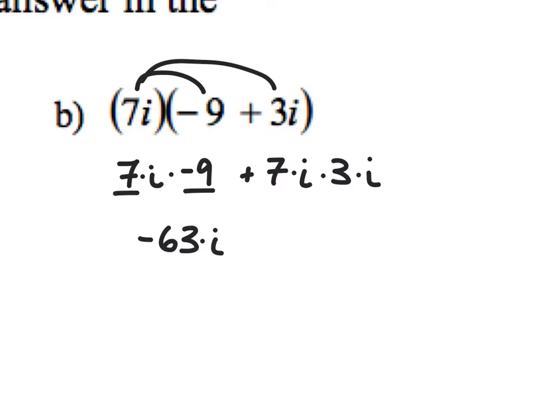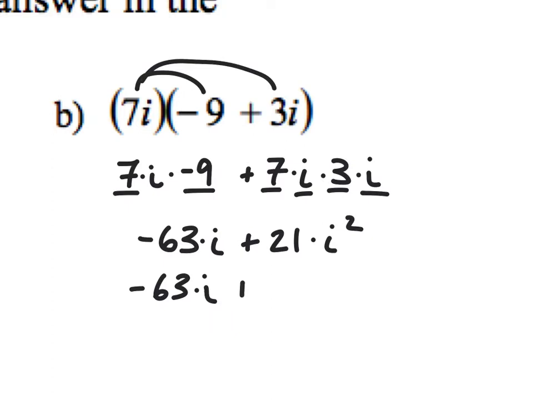Over here I've got 7 times 3, so that's plus 21, and then times i times i, which is i squared. Now what I know is that i squared is equal to negative 1, so I have negative 63i plus 21 times negative 1, which is negative 63i minus 21.